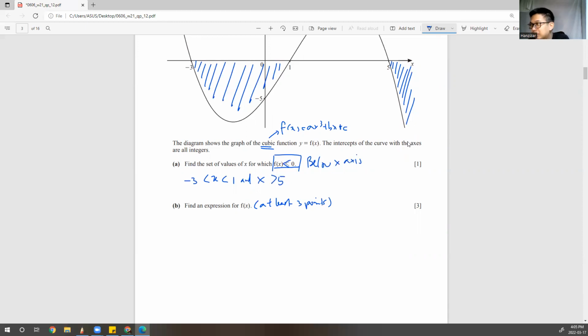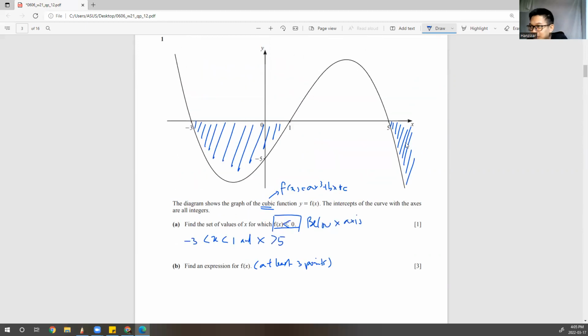I think it's very simple. You have 4 points here: (negative 3, 0), (1, 0), (5, 0), and another. You can pick any, but I think you'd better write them all. In this case we will get confused later because all the y values are the same: 0, 0, 0.